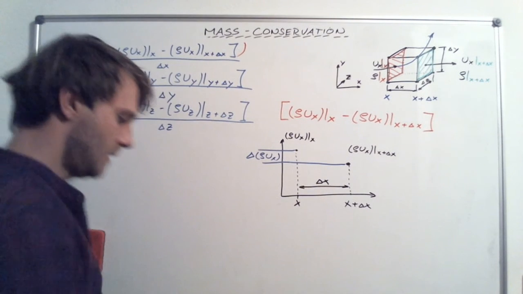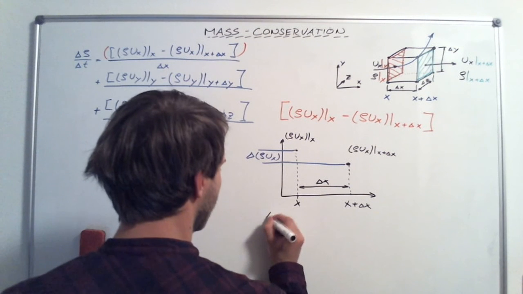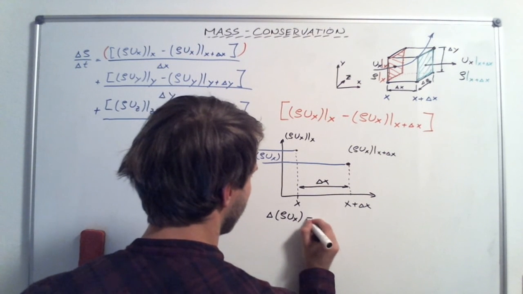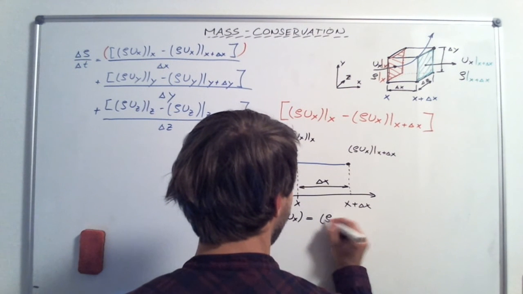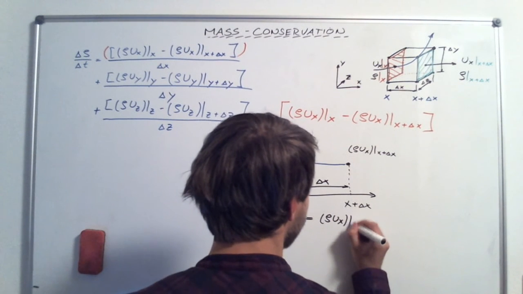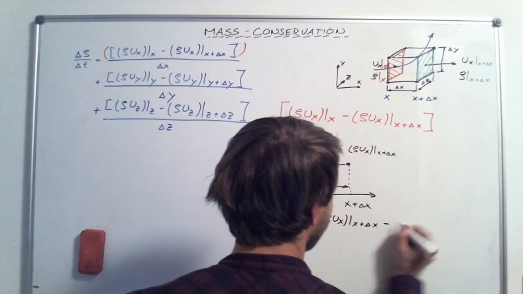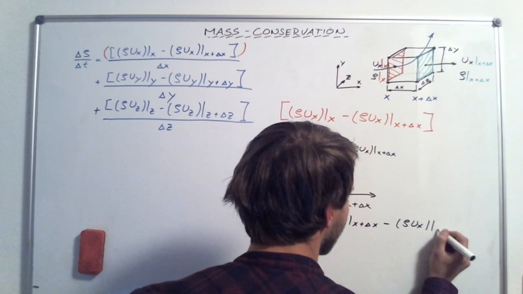And then, yeah, we end up that delta rho u x is finally rho u x at the position x plus delta x minus rho u x at the position x.